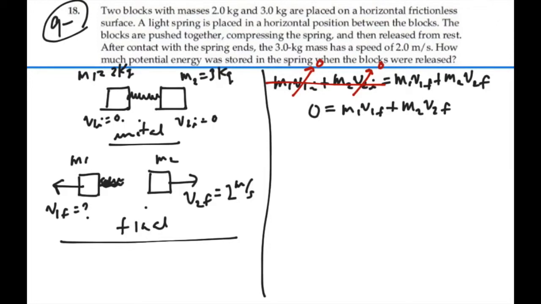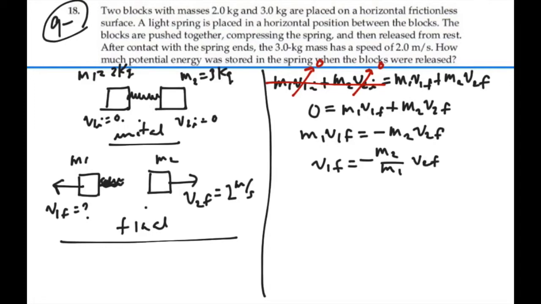We want to find v1 final, so v1 final is equal to negative mass 2 divided by mass 1 times v2 final. That's equal to negative 3 kilograms over 2 kilograms times 2 meters per second, so this would be negative 3 meters per second. That is the final velocity of mass 1. So far, so good.